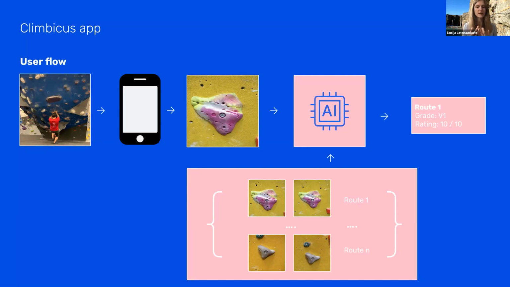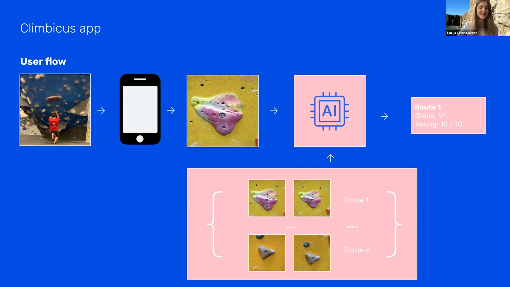The model is trained on the starting holds of all the routes available in the gym, and is then able to predict, provided a starting hold, which route that image belongs to. So this image would get fed into the model, and it would identify that, okay, this looks like route 1, so I will return this prediction to the user and show all of the information that we have about this route.